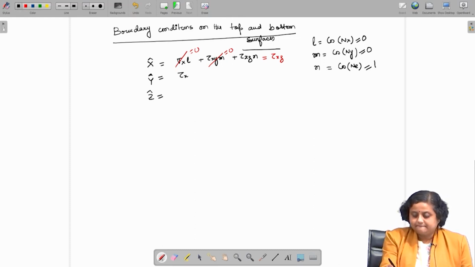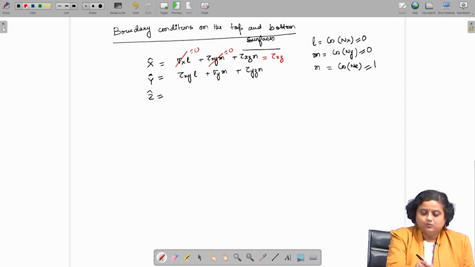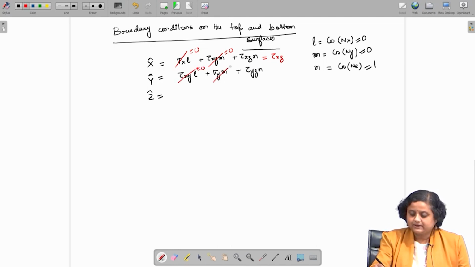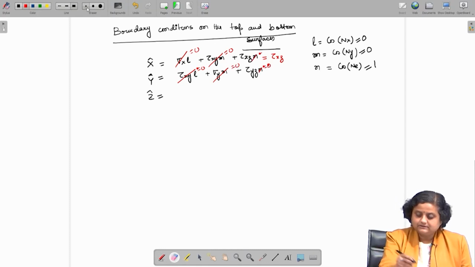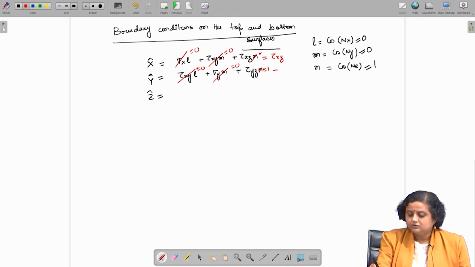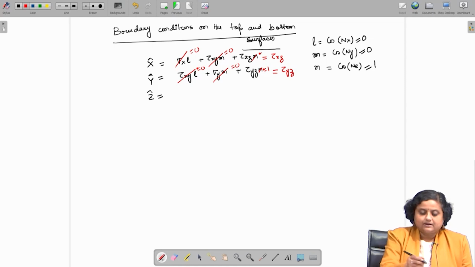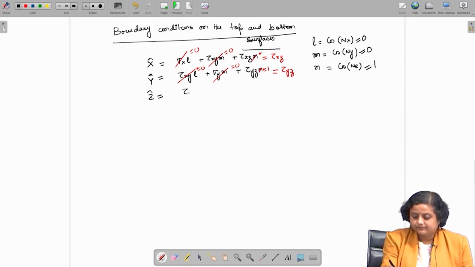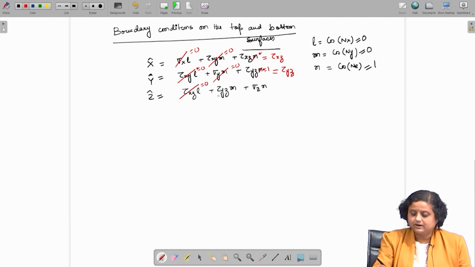Similarly, all the terms end up being 0, and this ends up being 1, so it ends up being tau y z. Now, in the third equation, all the terms are equal to 0.